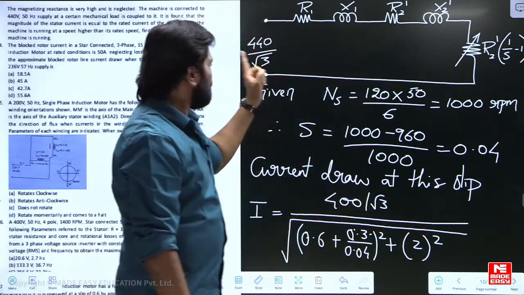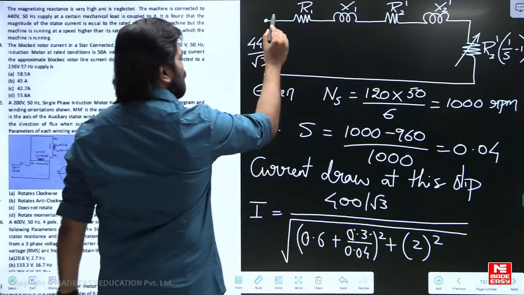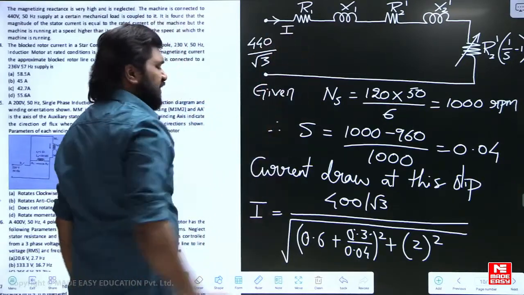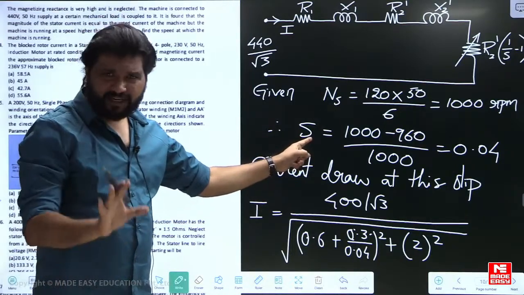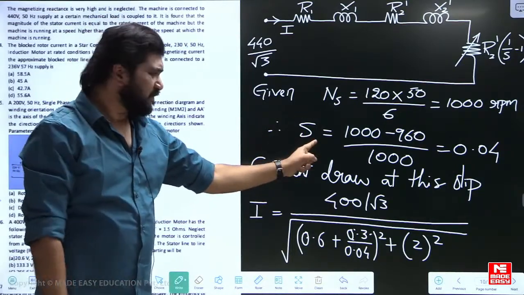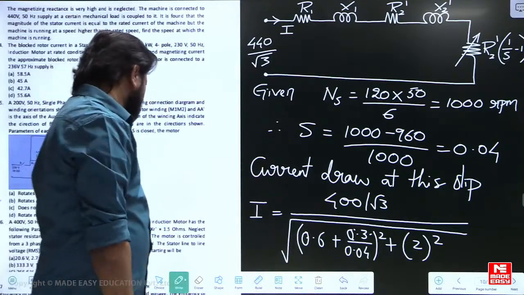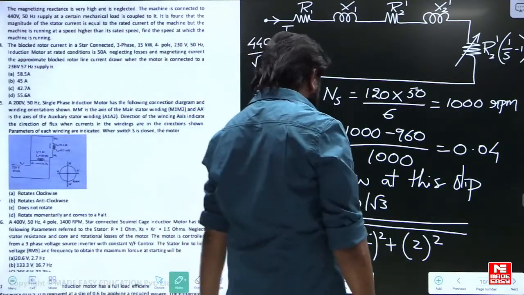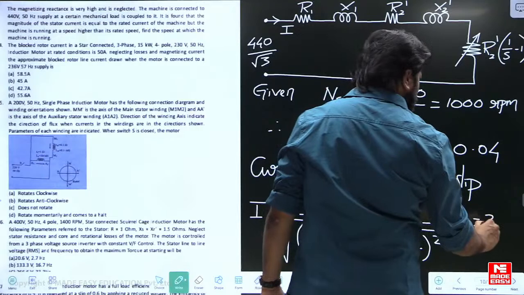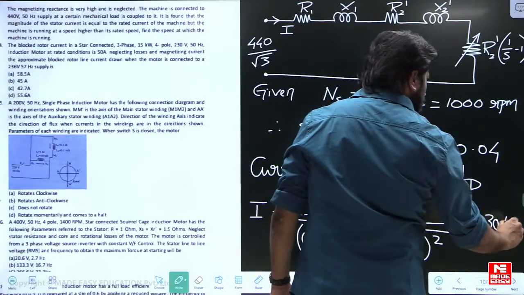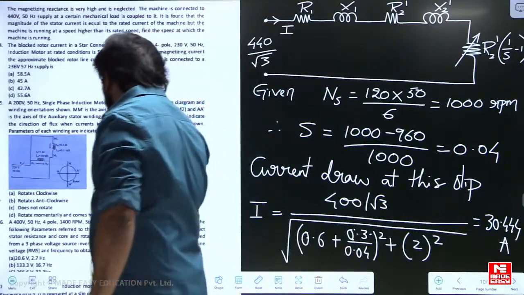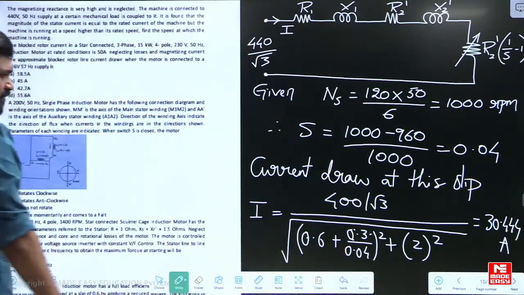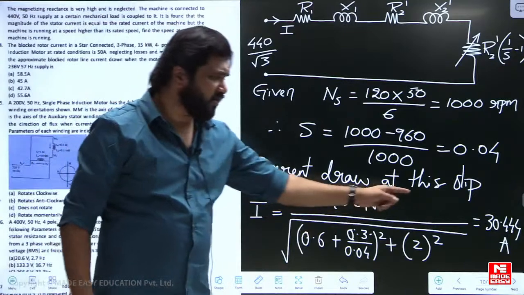Current is I. First we calculated I for the rated slip. This is the current drawn.